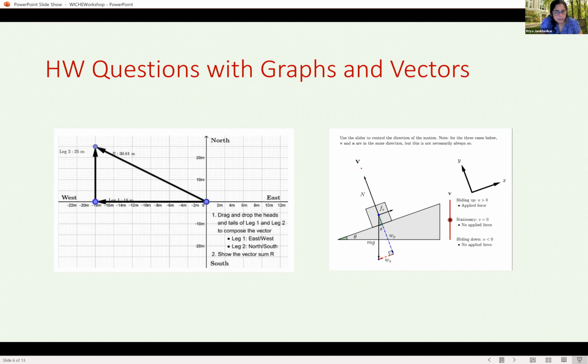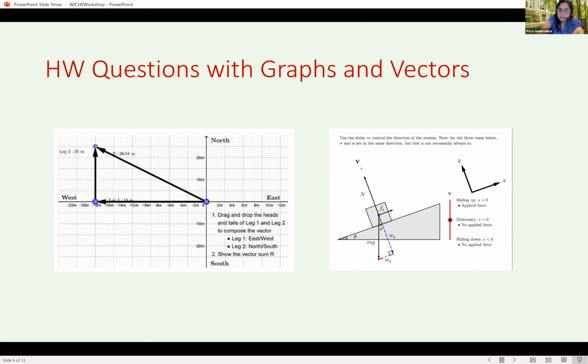On the right, there's another simulation. This is a block going up an incline. There are different forces acting on the block, such as its weight, friction, and the reaction from the surface. Students in a typical class have to figure out the direction and the magnitude of these forces, and this is a very hard and challenging problem for students.